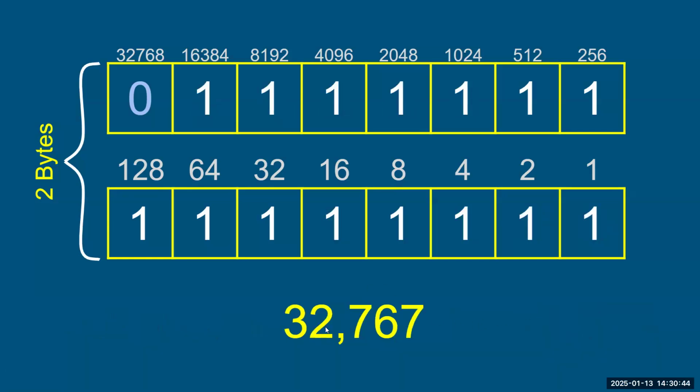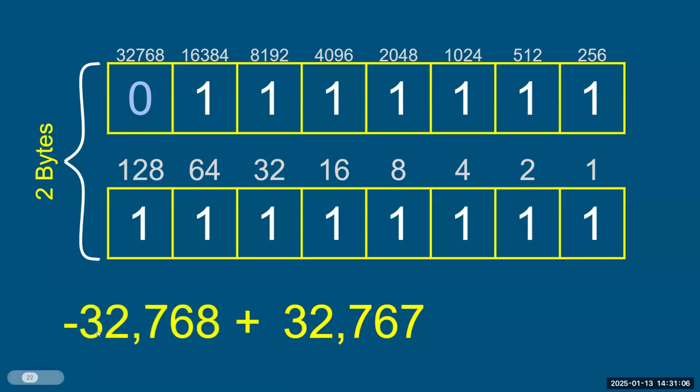Here's another example. Here is 32,767. Where did I get this number from? This is base 2, right? We're just doubling all the way up to this number, and all of these are ones. The sum of all of these together is 32,767.